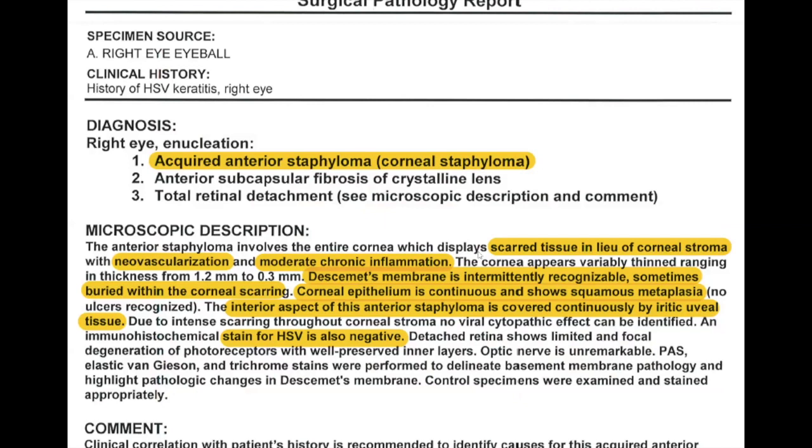The entire cornea shows scar tissue with neovascularization, chronic inflammation. You see some Descemet's membrane mixed in with scarring, and epithelium is continuous, shows squamous metaplasia. Interior aspect covered by uveal tissue, HSV is negative.